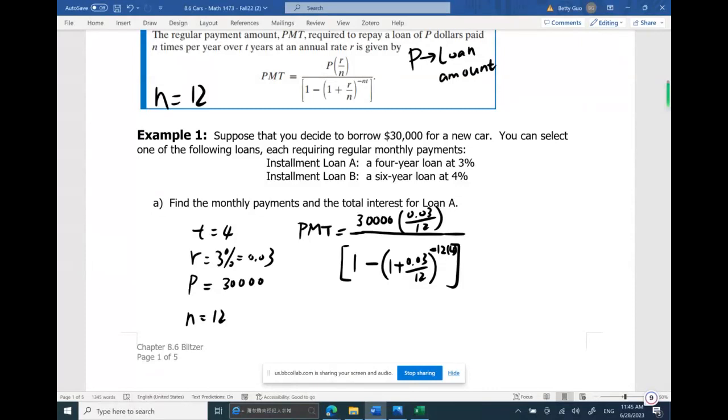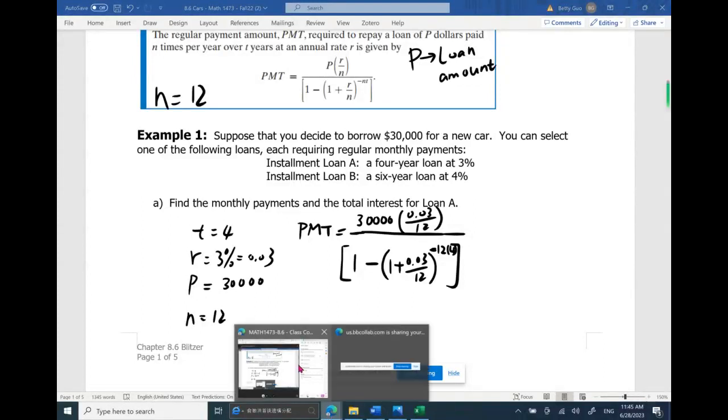So use your calculator. Yeah, the first method, as I said, I do not recommend because, as you can see, it's very not convenient. But in case some of you prefer this method, it's possible. Yeah, and I'm going to show you how we evaluate this expression by using a calculator.